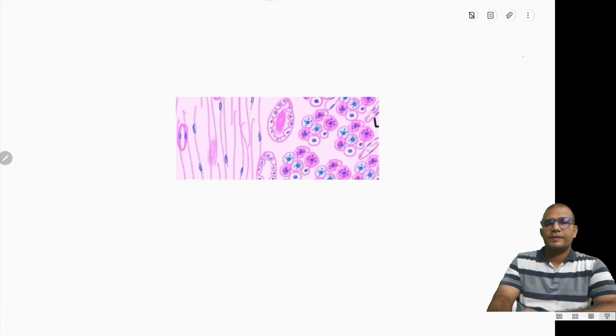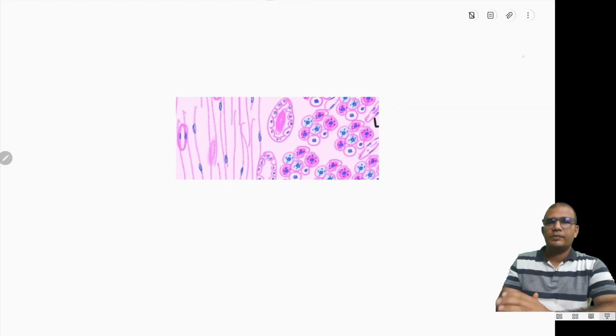So this is a section which is sufficient if you draw in a short note, because the full diagram consumes very much time. From the bigger diagram that we have drawn, I have cropped a section, and all the three parts can be seen: the pars anterior, some colloid filled follicles in the pars intermedia, and in the posterior part we can show some axon terminals, capillaries, and the Herring bodies.